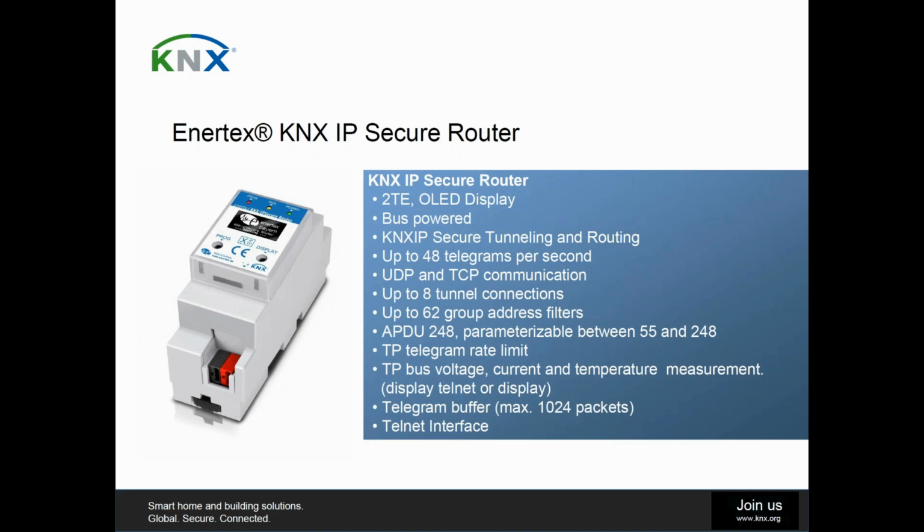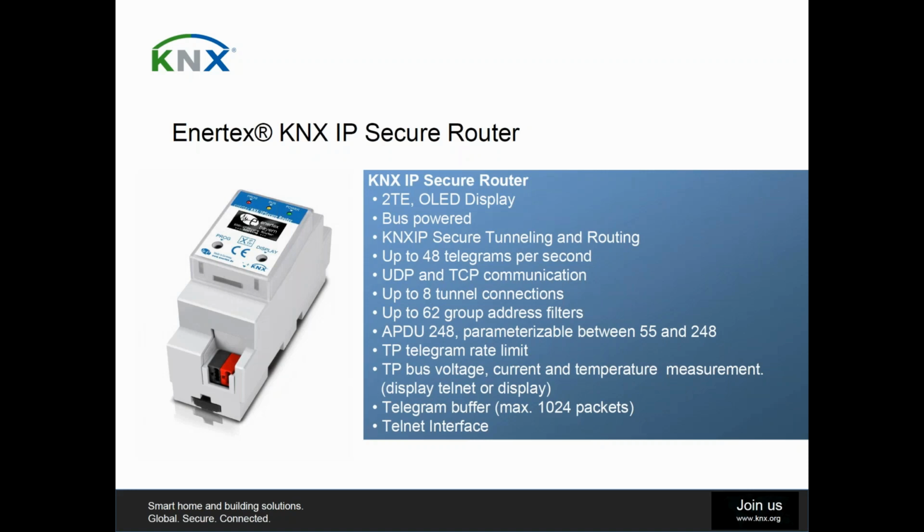This device has the possibility of 8 tunneling connections and has 62 group address filters. I will demonstrate that later on. We have an APDU, which is the bus load for TP telegrams, with up to 248, and we can parameterize it. So there is a lot of flexibility here and really good performance.